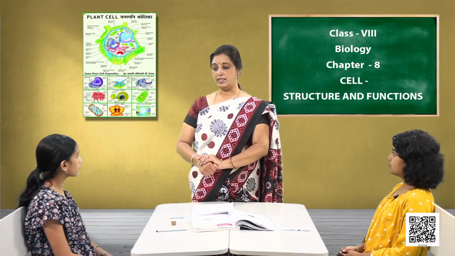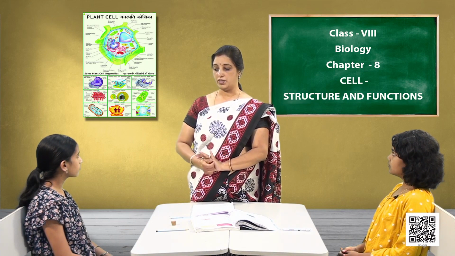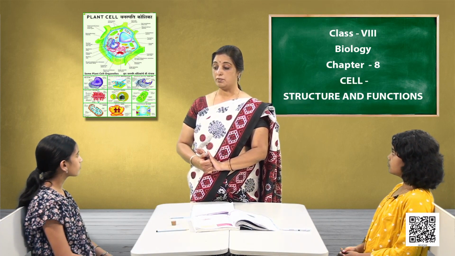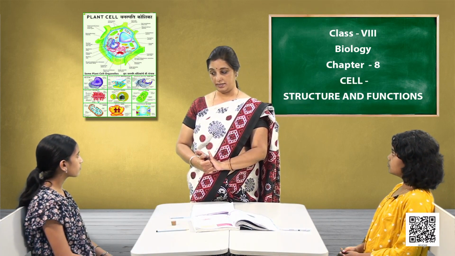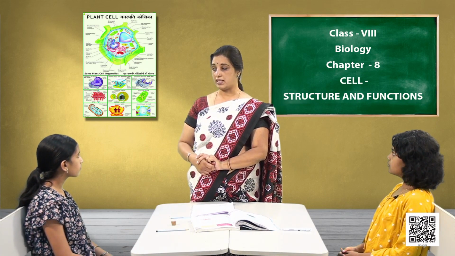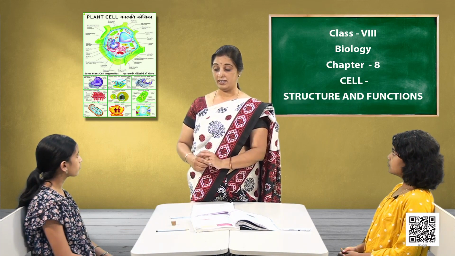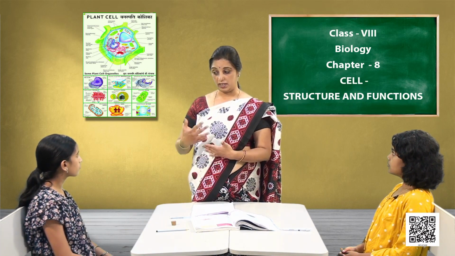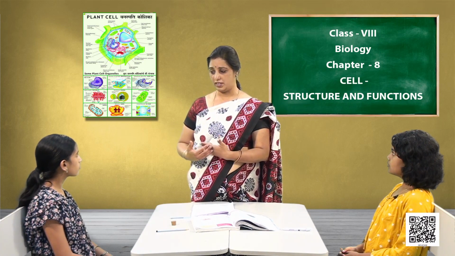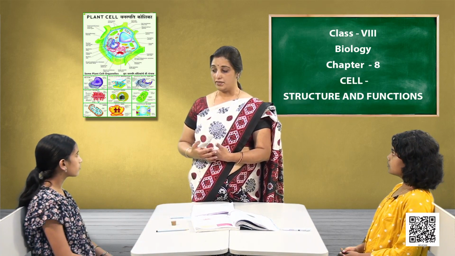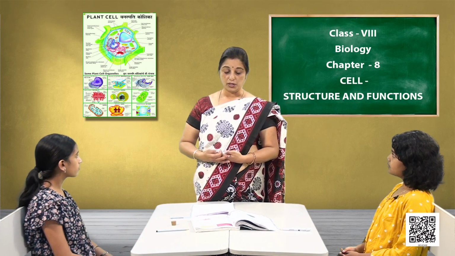Yes. Ma'am, do all the human beings have the same number of cells? The number of cells can vary from individual to individual. Like I said, the number of cells could be more in an elephant and less in a rat. In the same manner, human beings, as I said, have around 30 trillion cells, but the number can vary. If you compare a baby to a fully grown adult, naturally the number of cells will be more in the adult and very less in a baby.